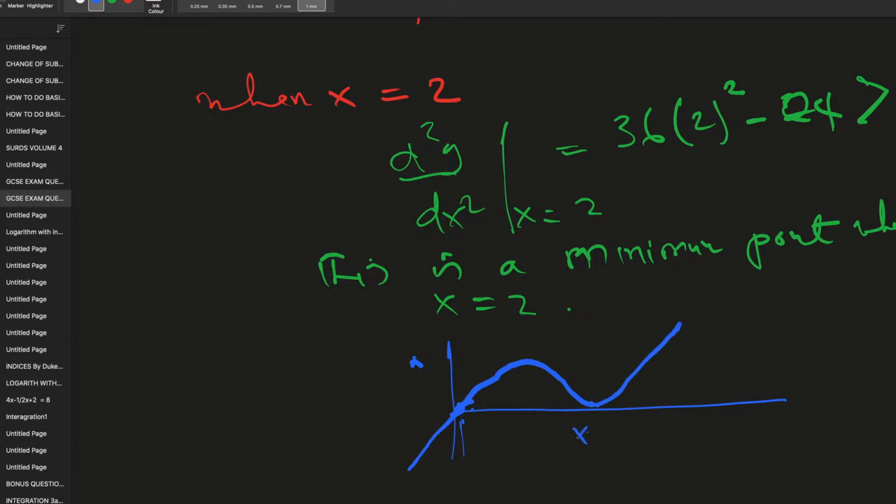So joining the points, that is more or less like a cubic.